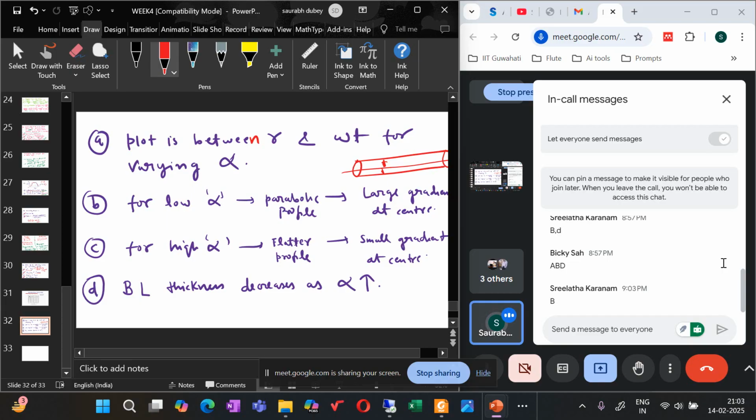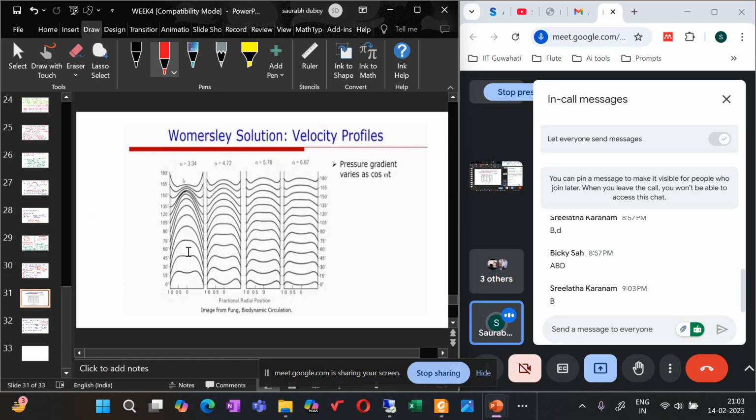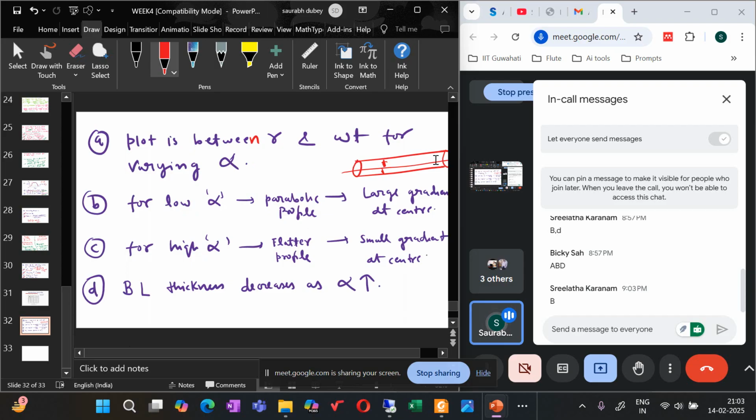For the lower value of alpha, a parabolic profile, right? Yes, this one is correct. Other than that, what I'm saying is more than one option can be correct in this one. You are free to choose more than one option or all options, whatever you expect.